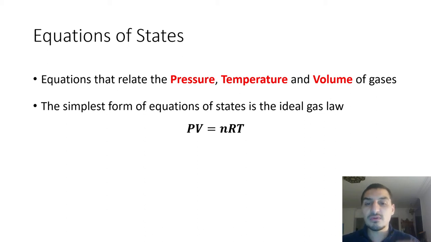But before we talk about it, there is a question or a point that I want to make clear, which is why do we have an equation of states for gases? There are for liquids, of course, but the main focus of the equation of states is for gases. And the reason we have these equations for gases is the effect of temperature, pressure, and volume on the gas is very big.